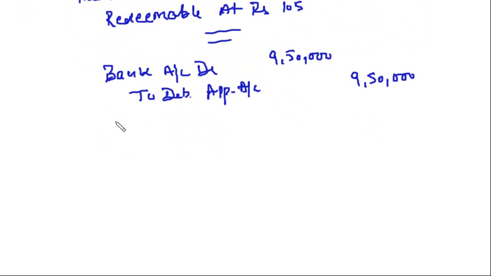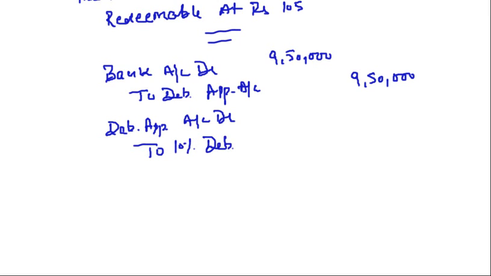Next entry, at the time of allotment, debenture application account debit to 10% debentures.